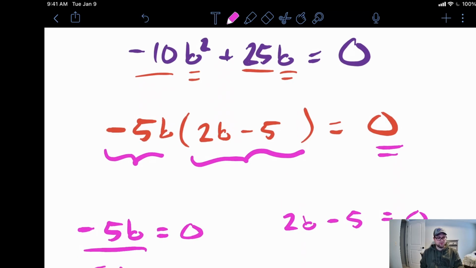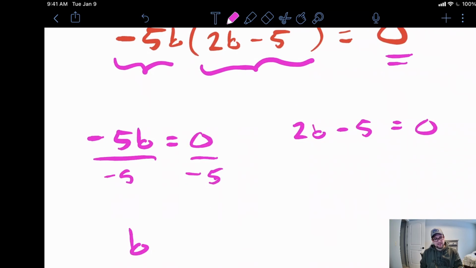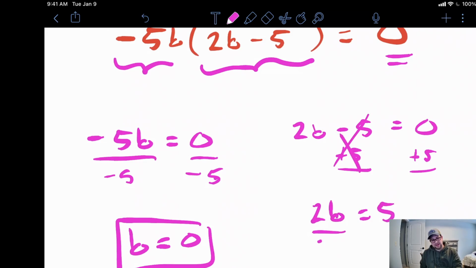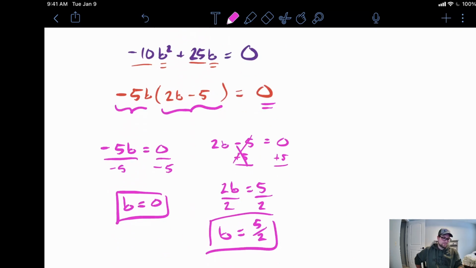To solve the first one, we divide both sides by negative 5, and we find out b is equal to just 0. To solve the other one, we want to add 5 to both sides. You're going to be left with 2b is equal to 5, and dividing by 2 on both sides, we find out b is equal to 5 halves. And we're done, just like that.